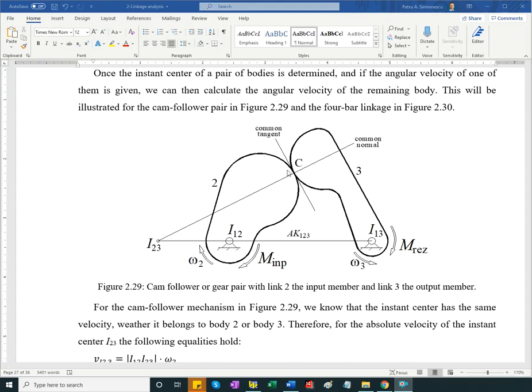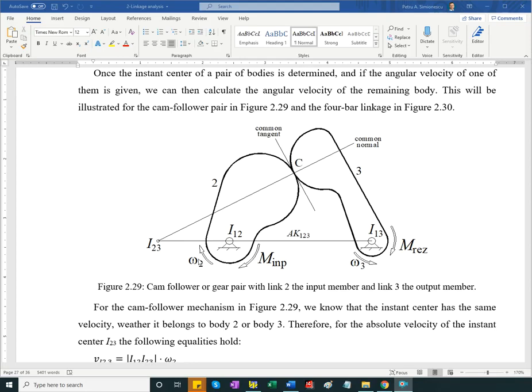So assuming that the geometry is fully known, and we can draw these lines on paper or CAD, we can find their intersection. We can measure any distance we want, say from I23 to I12, and from here to I13.